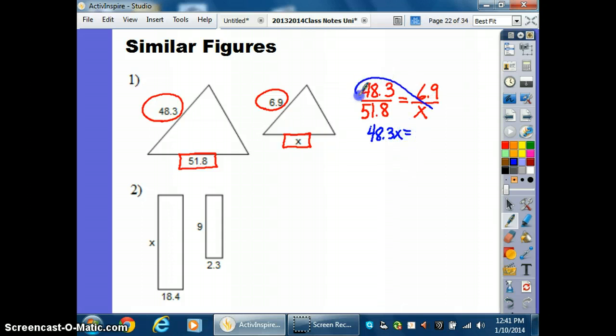I do this, equals, and then this product here is 357.42. If I divide both sides by 48.3, it looks like 7.4 is the length of this base right here, 7.4.